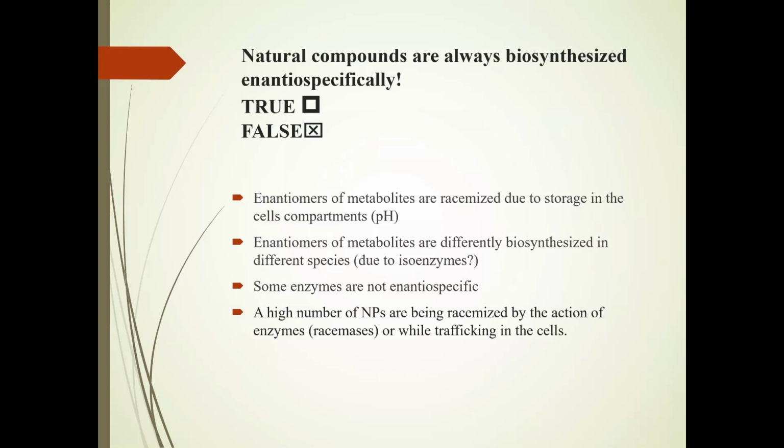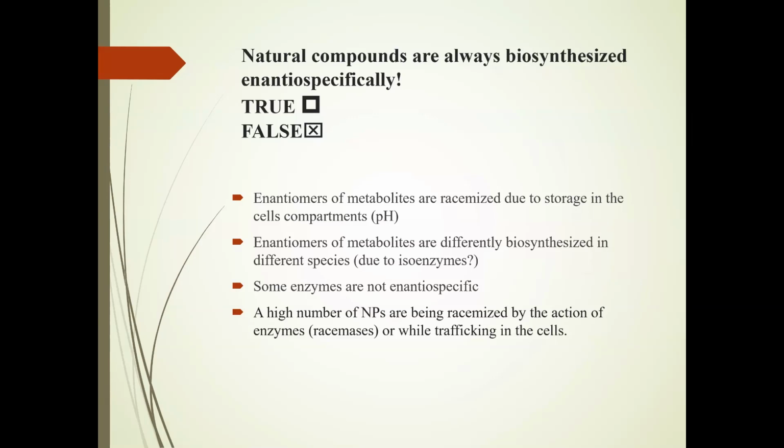There are some reasons described for why this is happening. Enantiomers of metabolites are racemized due to storage in different cell compartments, especially the pH of that compartment. Enantiomers of metabolites are differently biosynthesized in different species of the same plant, potentially due to isoenzymes. We have some enzymes which are not enantiomer specific as much as they should be.